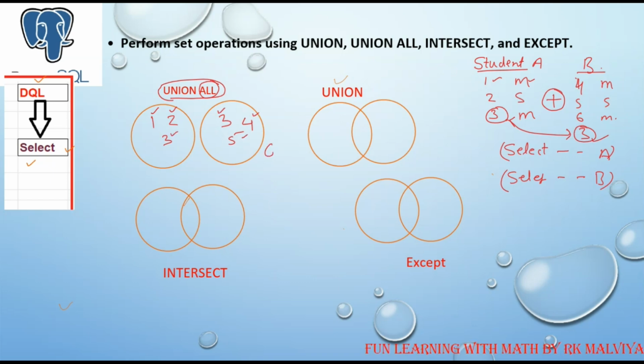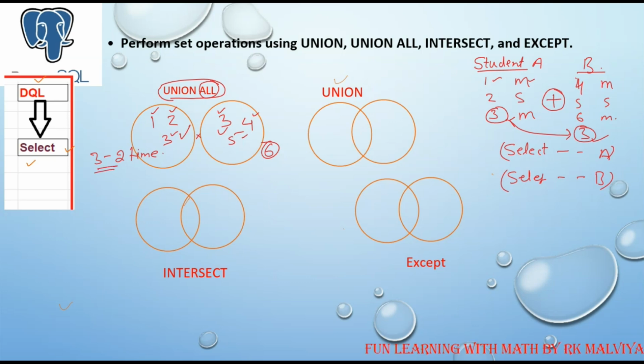In total 6 records display, because it means complete this record and this record. So 3 displays 2 times. It will not remove your common record in union all.